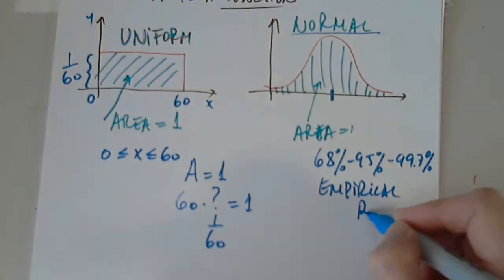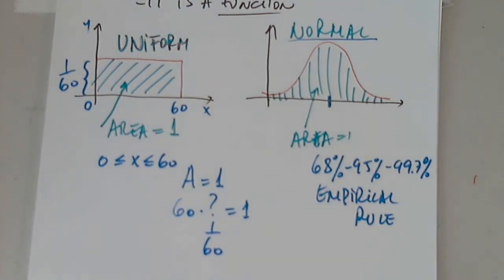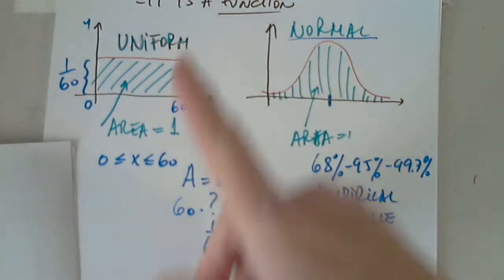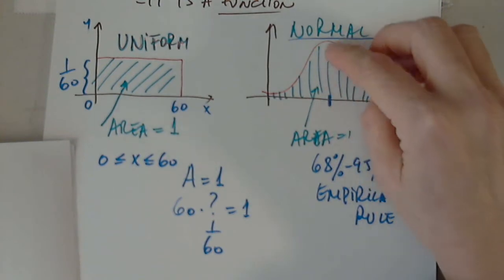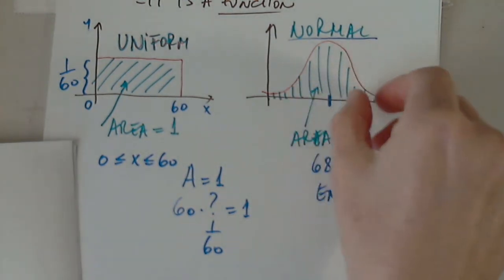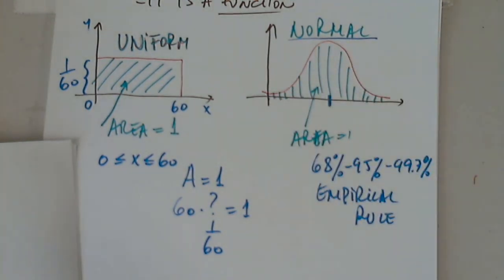Because it's bell-shaped. Okay, so first of all, the heights are basically the probability, the height here, or for any piece, right?